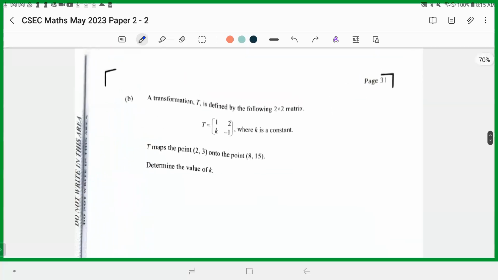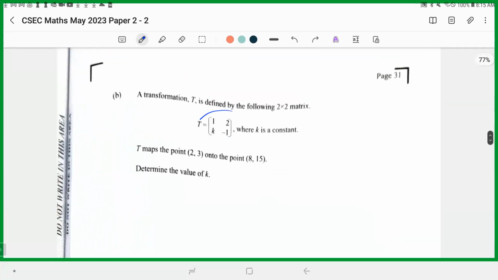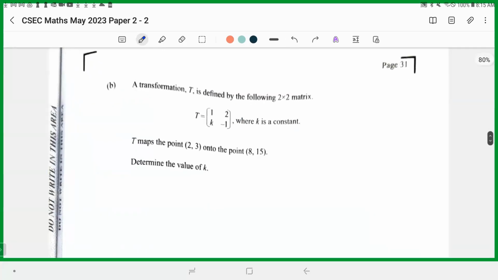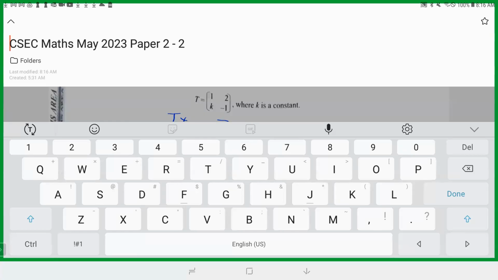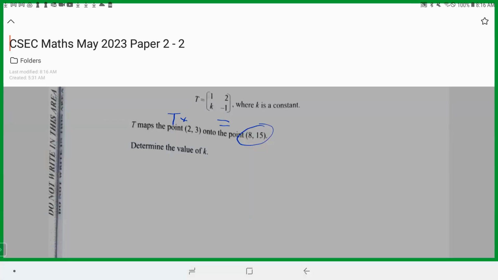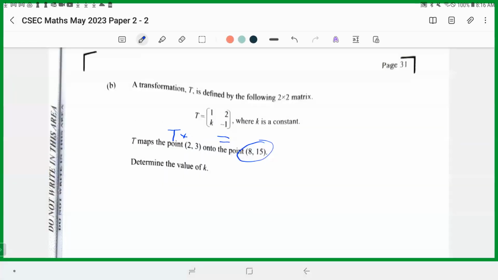All right, next part. The next part says transformation T is defined by this matrix. It says T maps this onto this. All it means is that you multiply the T matrix times this, and it equals this. That's how the matrix works. You multiply the matrix by the object point to get the image point.